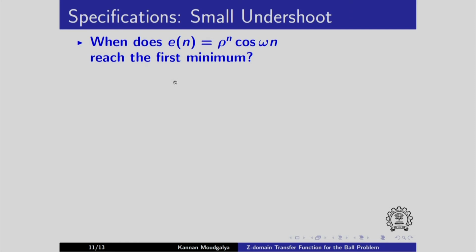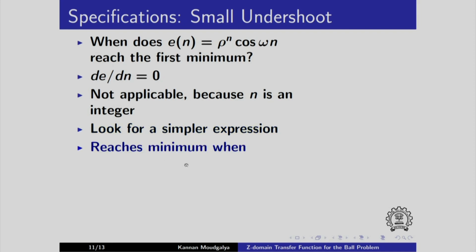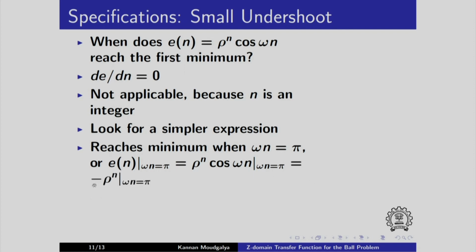The next specification is that we want a small undershoot. So when does En equals rho n cos omega n reach the first minimum? We may be tempted to differentiate and equate to 0, but this is not applicable because n is an integer. So we look for a simpler approximate expression. It reaches minimum when omega n equals pi, or when I substitute omega n equals pi in this expression, I get this, which can be simplified as minus rho n, and when I substitute for omega n, I get this expression.